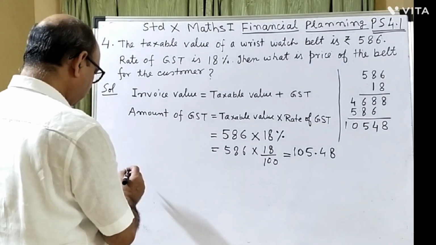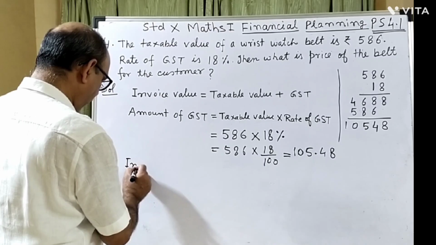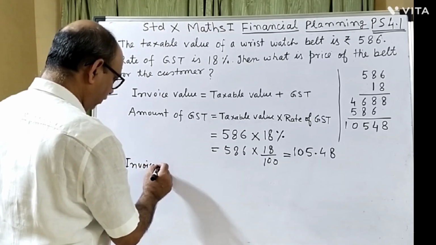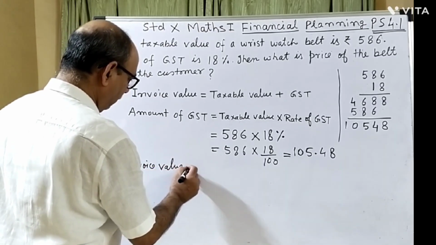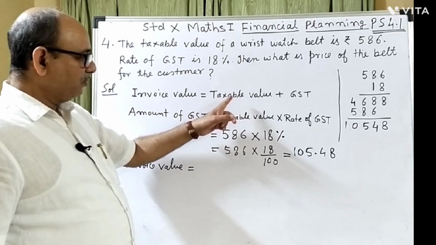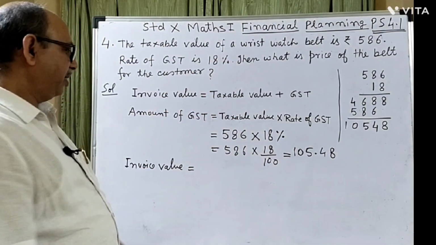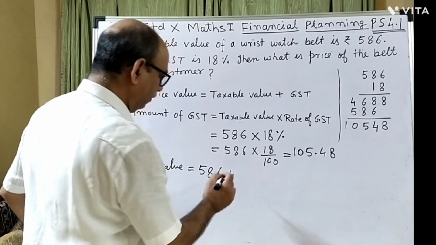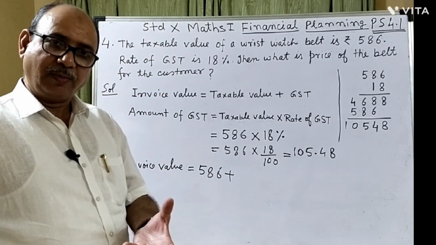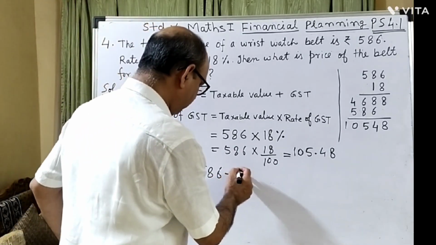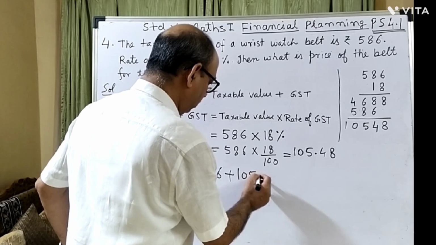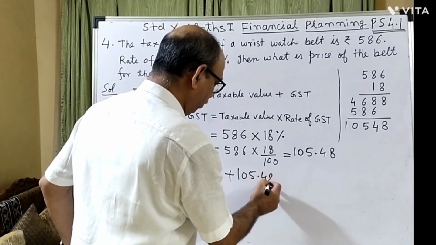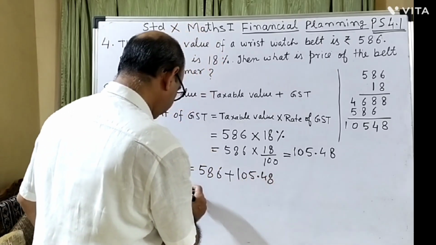That means invoice value is equal to taxable value, that is 586, plus the GST amount, 105.48.